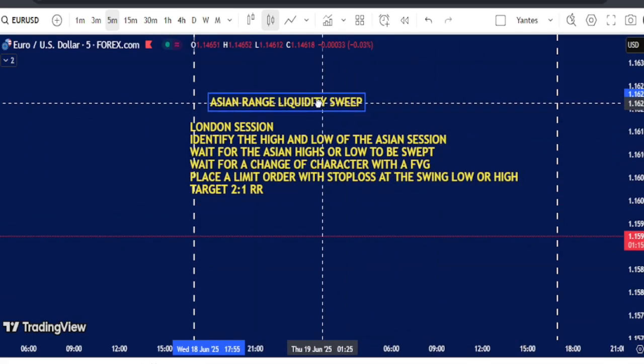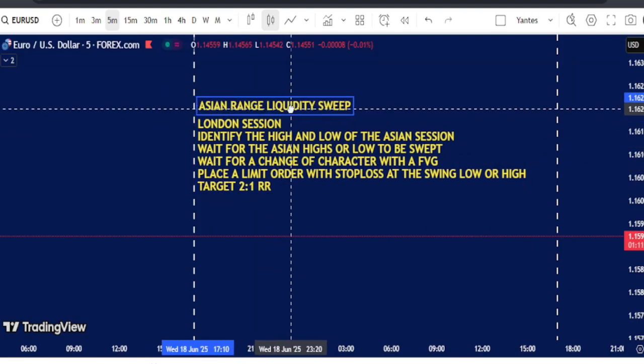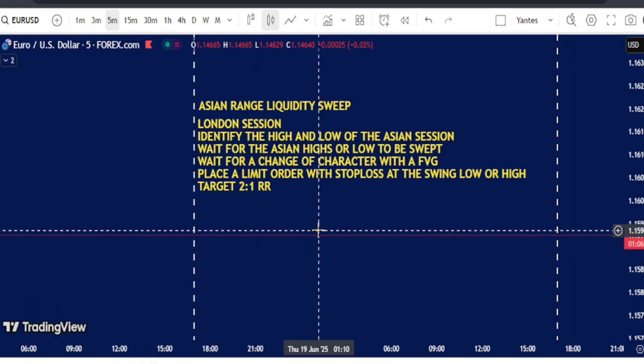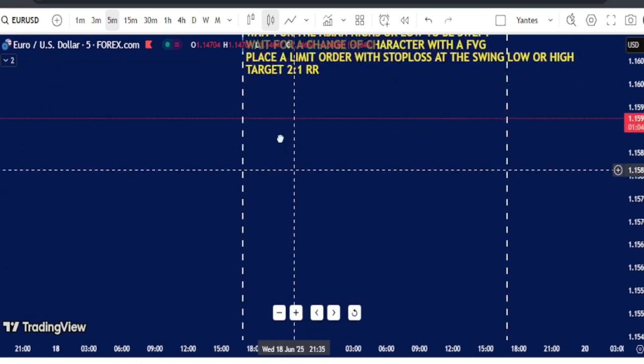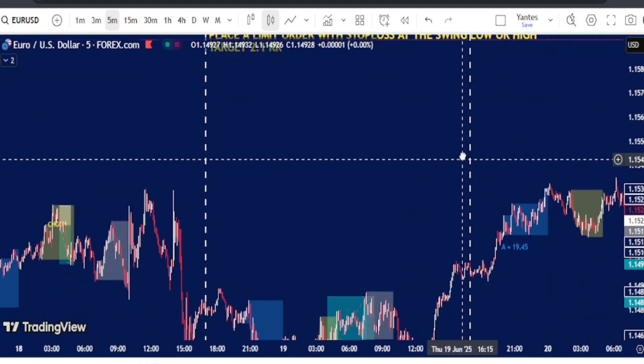Guys, this is our trading strategy. This is our trading plan. Okay, now let's go to the charts and identify, do we have such a thing?